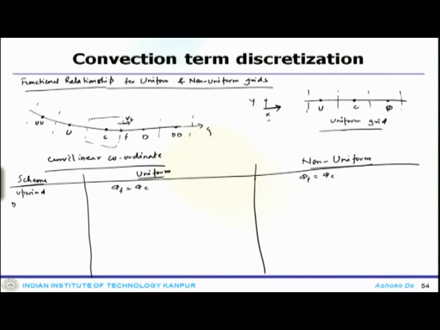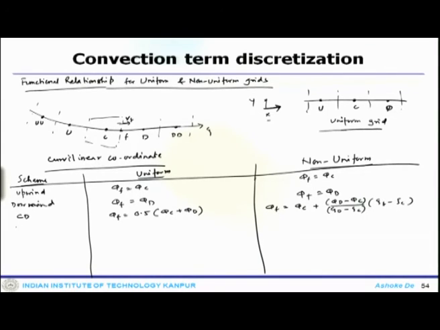When you talk about downwind scheme, then phi f is phi d, this case phi f is also phi d. When you talk about CD, this is phi f is 0.5 into phi c plus phi d, and this case phi f equals phi c plus (phi d minus phi c) by (xi d minus xi c) multiplied with (xi f minus xi c).